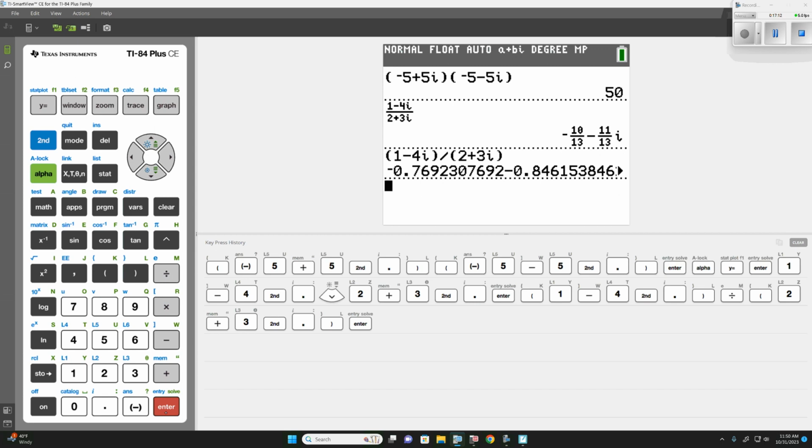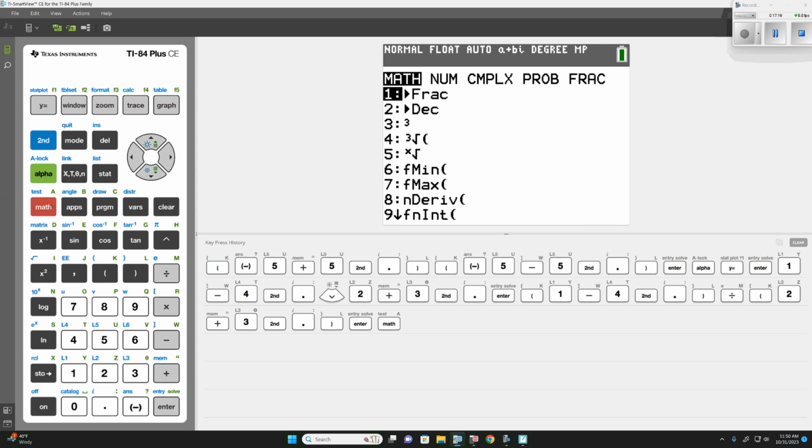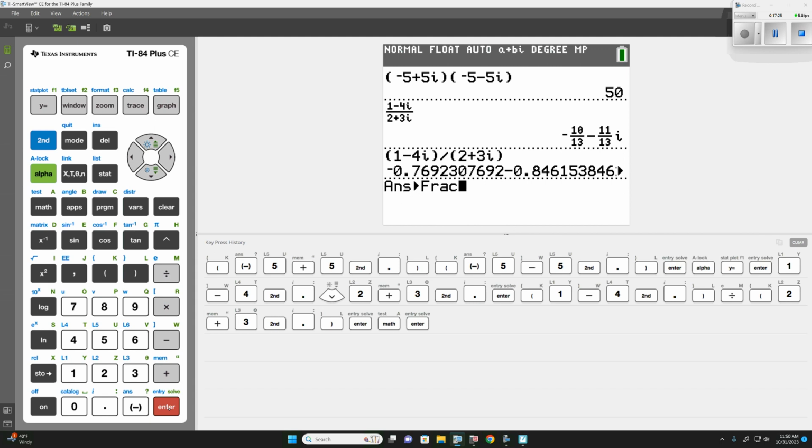Okay? We're ready for the next step. Because we need to convert these back to fractions. So if you hit math, the first option is fraction. So hit enter. Math, enter. And it should look like this. Ans, arrow, Frac, yes? Hit enter one more time.